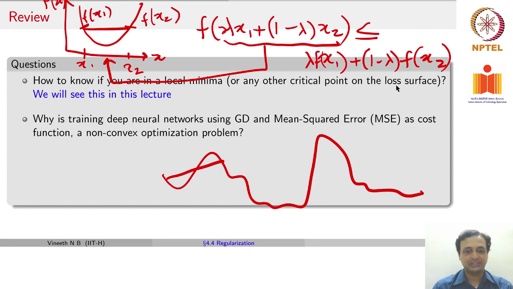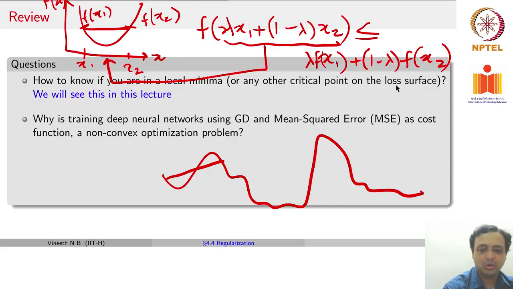Now let's come back to our question as to why is training deep neural networks using gradient descent and mean square error as cost function a non-convex optimization problem. One thing that you have to first understand here is the nature of the cost function mean square error itself.